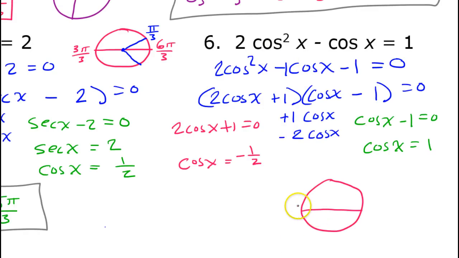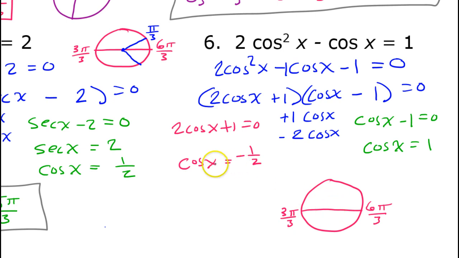So the reference angle is pi over 3. So pi is the same as 3 pi over 3, and 2 pi would be the same thing as 6 pi over 3. All right, thus I'm doing everything using the reference angle of pi over 3.